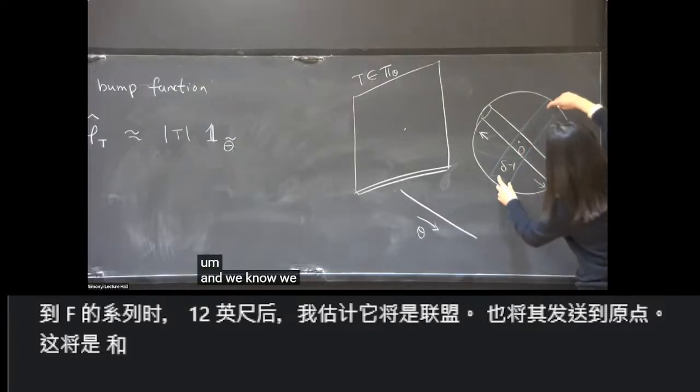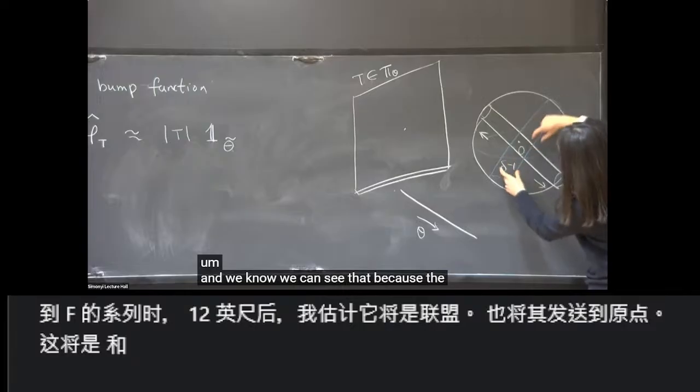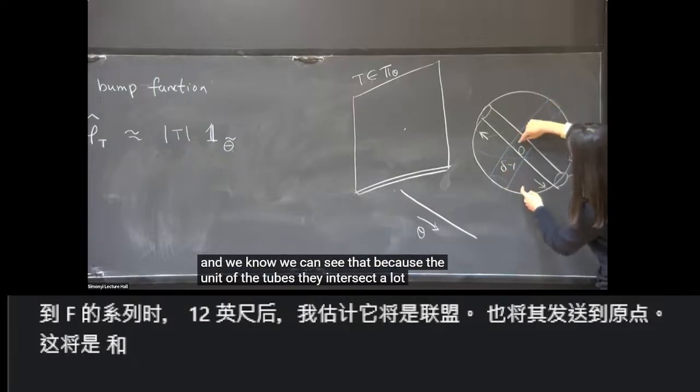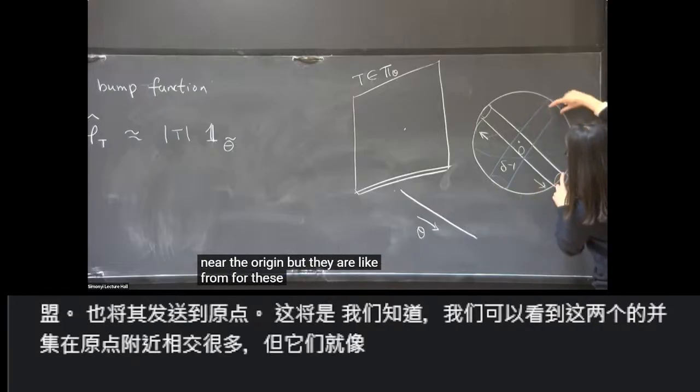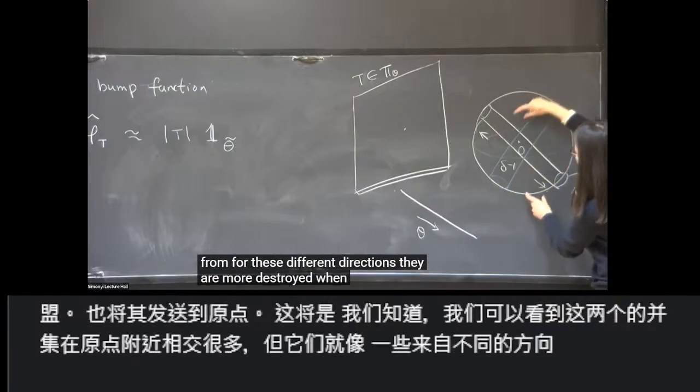We can see that those tubes intersect a lot near the origin, but for different directions, they are more disjoint, they are far apart.